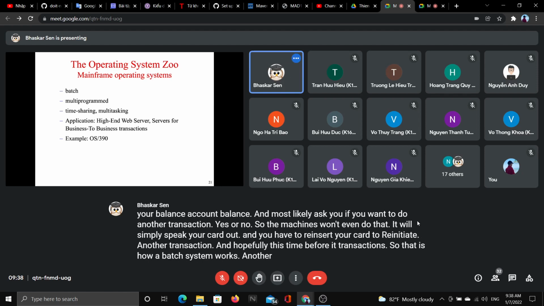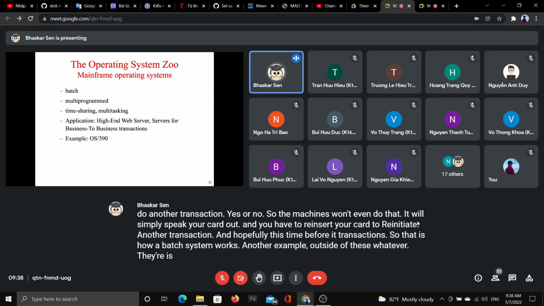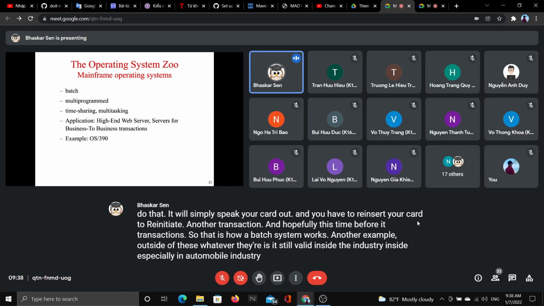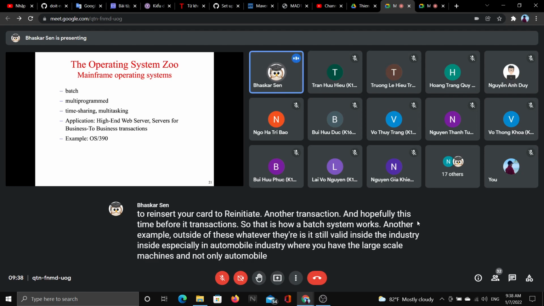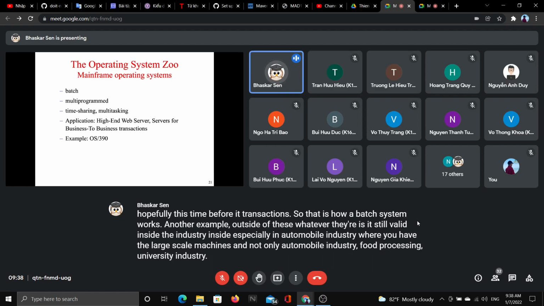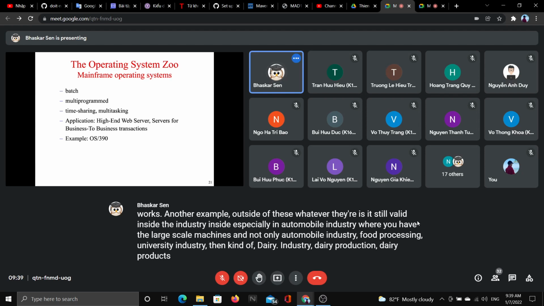Another example outside of these, whatever they're given here, is still valid inside the industry, especially in the automobile industry, where you have the large scale machines, and not only the automobile industry, food processing industry, dairy industry, dairy production, dairy products, everywhere.